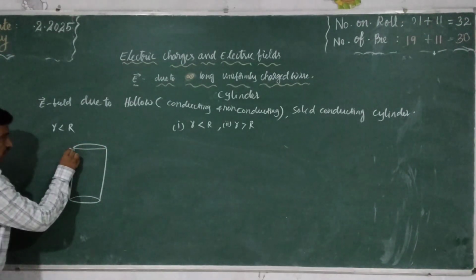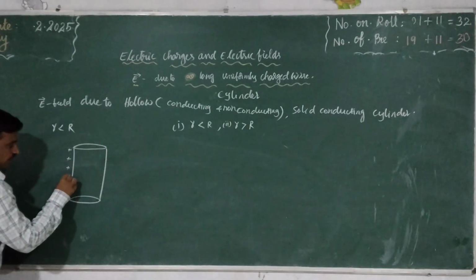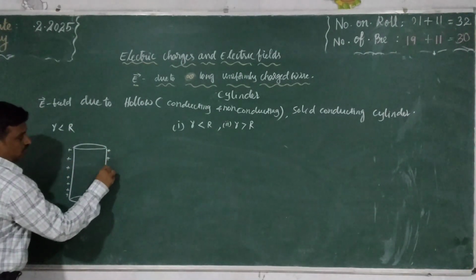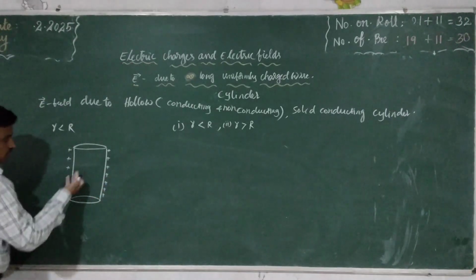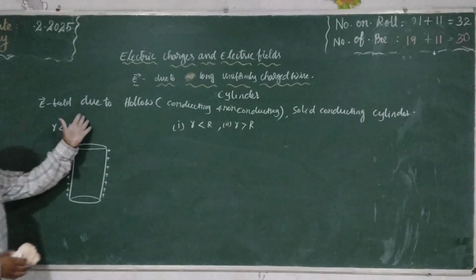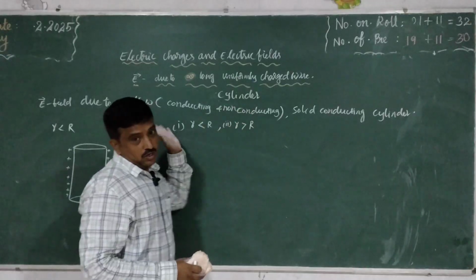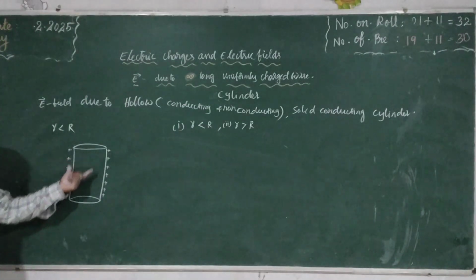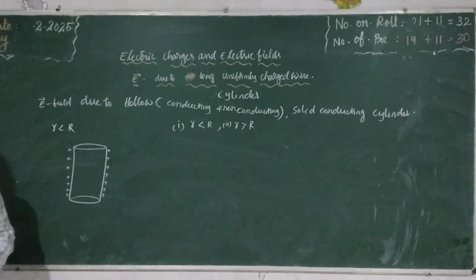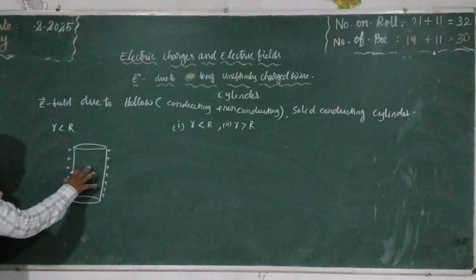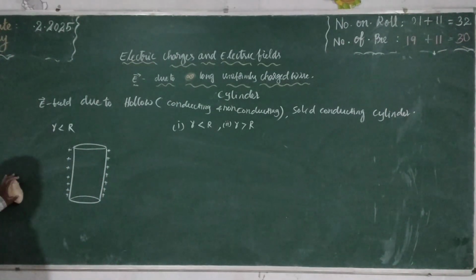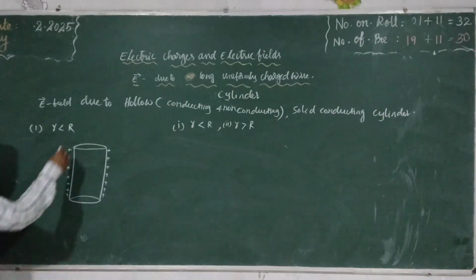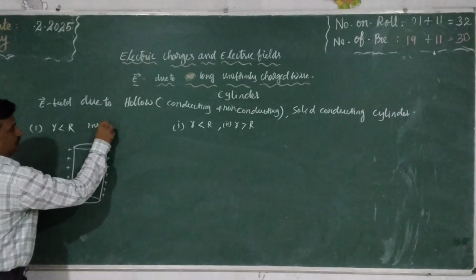Here positive charge is on the surface, inside there is no charge, because in these cylinders the charge resides on the surface of the cylinder. So for the first case, inside the surface.